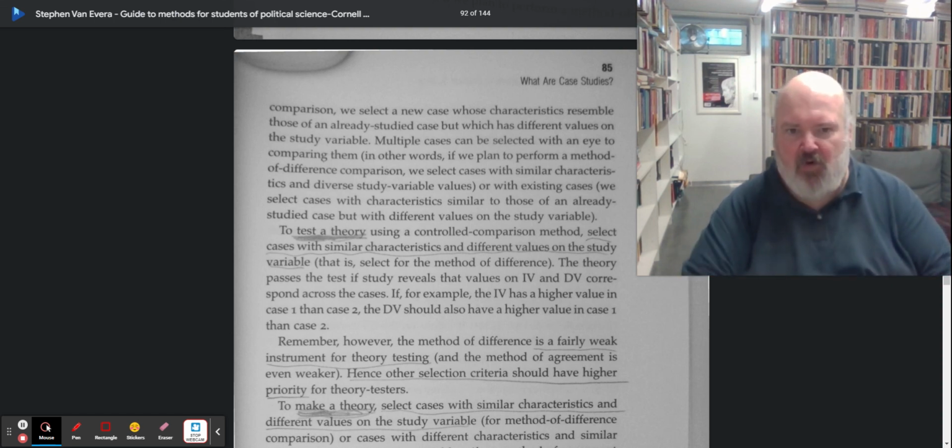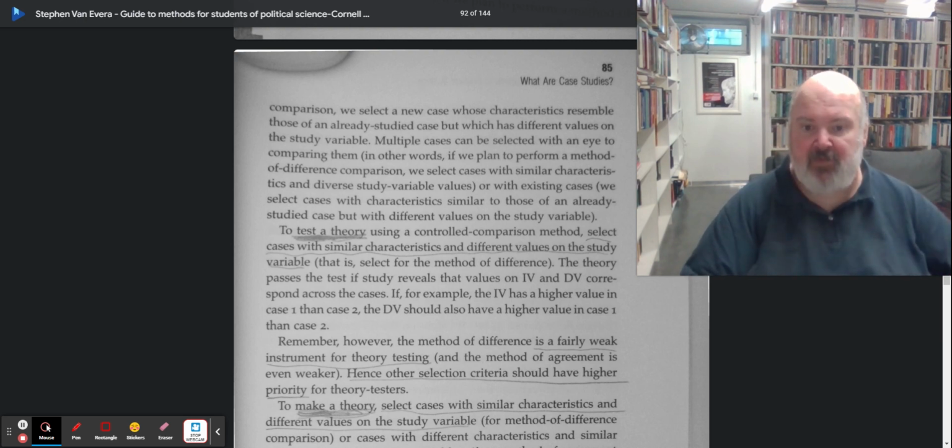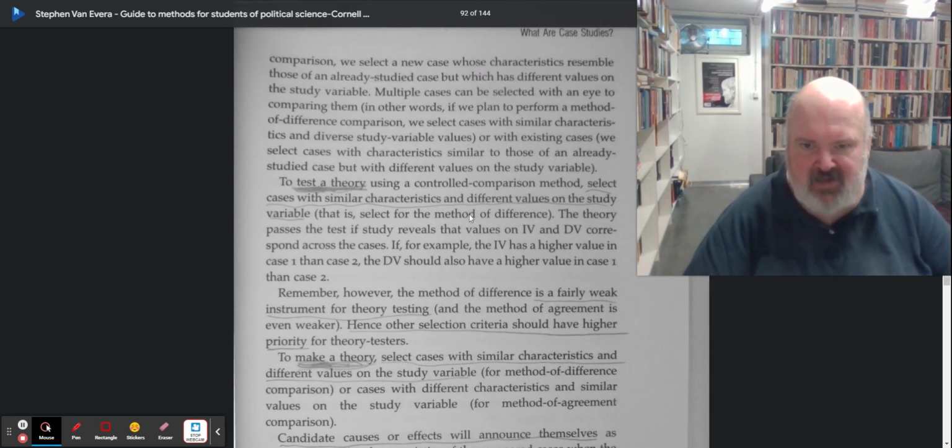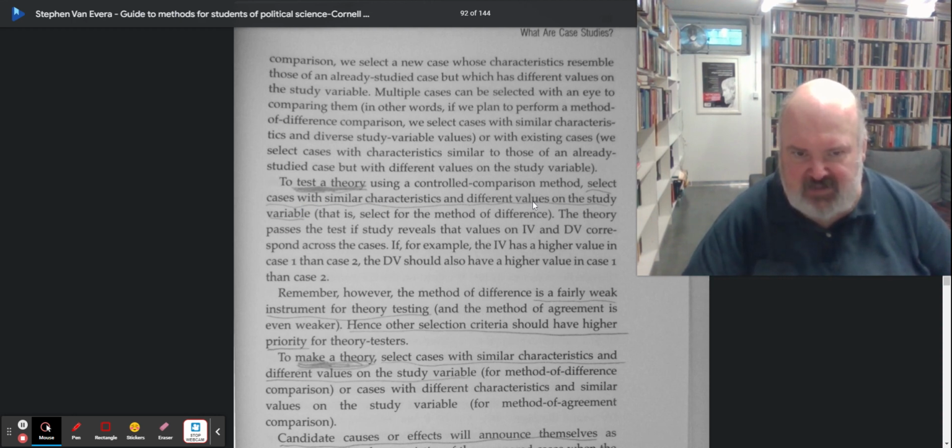Or with existing cases, we select cases with characteristics similar to those already studied cases, but with differing values on the study variable. To test a theory using a controlled comparison method, select cases with similar characteristics and different values on the study variable. That is, select for the method of difference.